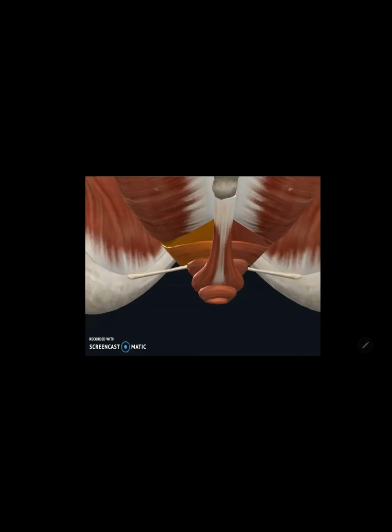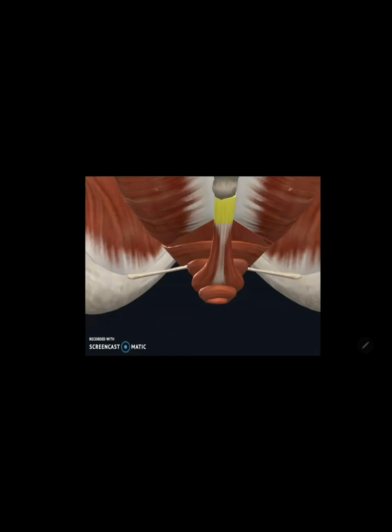And if you go more behind, you will see that is part of the anorectal ring, the pubococcygeus part, and that is the anococcygeal ligament attached to the tip of the coccyx. So these are the muscles you see in the anal triangle of the perineum, which are common to both male and female.